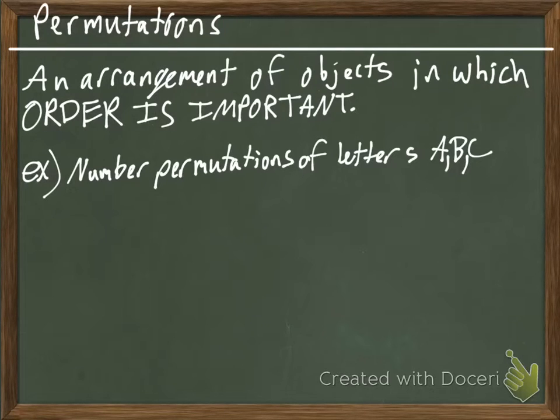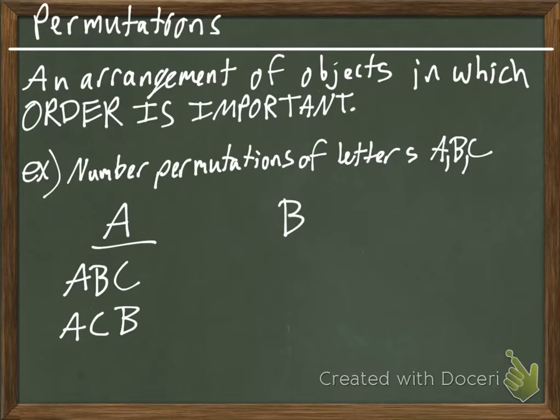So the way I'm going to do this is I'm going to look at the first letter. So I'm going to organize this by the first letter. So I'm going to have an A section here where A is going to be the first letter. So that means I'd have A, B, and C. And then if A is first again, I can't have B second, so I have C second and B. So I have two options there when A is my first letter.